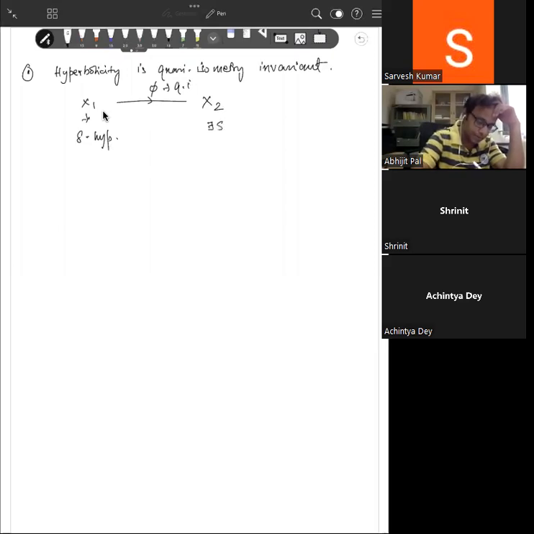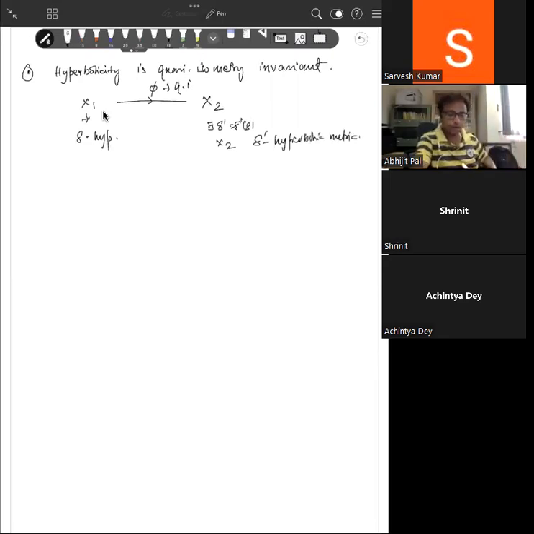Then there exists a delta prime, depending on this delta, such that X2 will be a delta prime hyperbolic metric space. In the morning you learnt about quasi-isometry, right? So hyperbolicity is quasi-isometry invariant. Now, if you know this fact, you can have many examples.